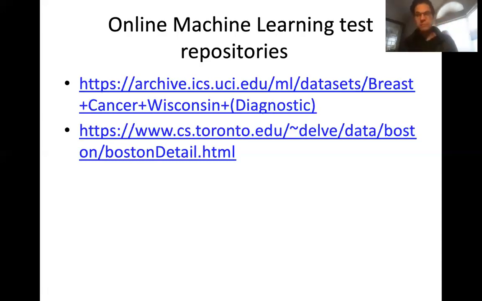If you're learning for the first time how to do scikit-learn, you've done some support vector machines for the first time on some tutorial like what we're doing today, and you get familiar with what the data structure looks like, to the point where you actually understand the workflow, you can now go and take data from here and plug it in and see how that works as well. And they have the data organized in such a way that they'll tell you, oh, this is good for classification, this is good for regression, etc.